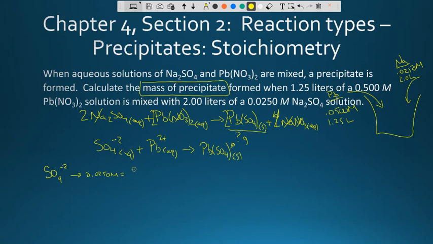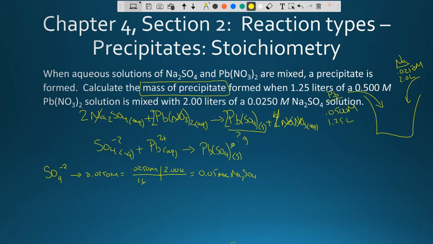That's going to equal 0.0250 moles over 1 liter, but I don't have 1 liter. Notice I'm taking a little bit different approach to this so you guys can figure out which way works best. I had 2 liters of the solution, which means that I have 0.05 moles of my sodium sulfate.